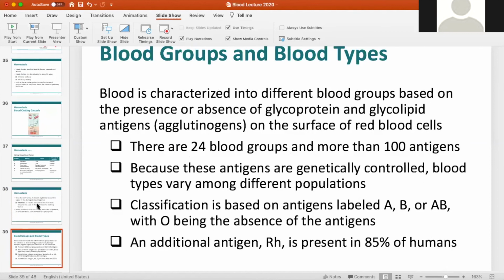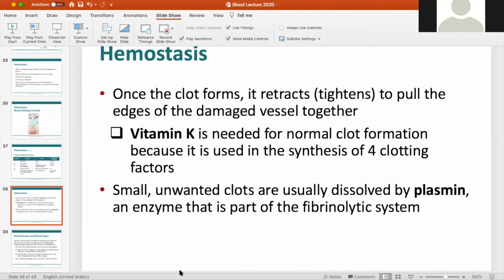Plasmin is another very interesting substance, because in that clot formation, I'm going to just do this one more time for you. I'm going to do it quick. So we had prothrombin converted to thrombin. So this is one of those factors by the prothrombin activator.